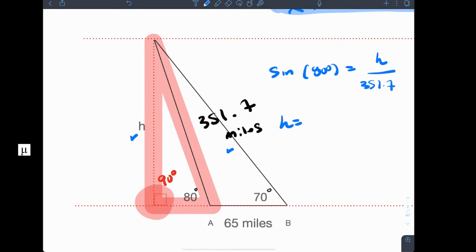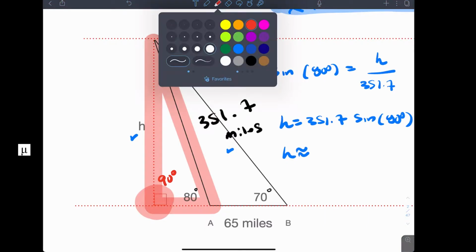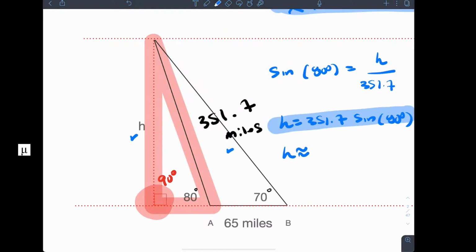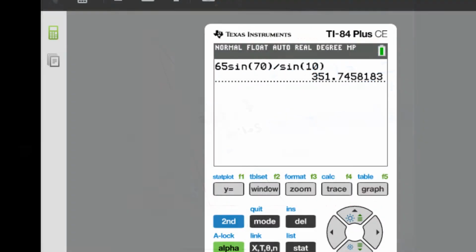You say, what is h? It's 351.7 sine of 80 degrees.